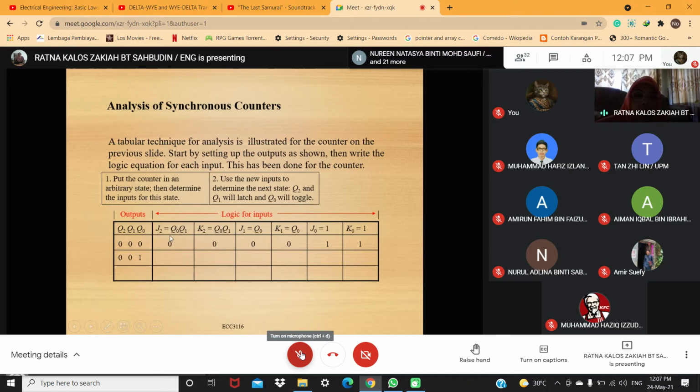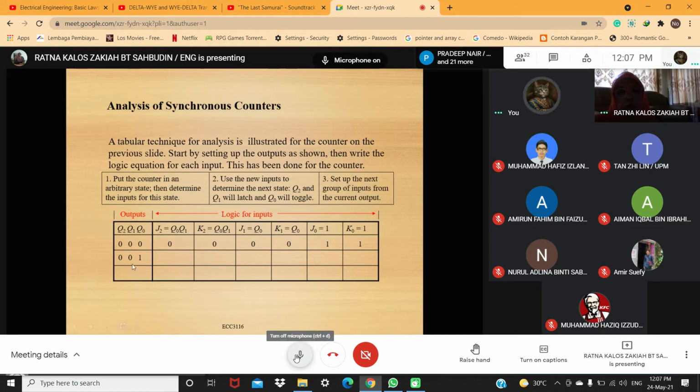So J2 becomes what? 0, right? 0, 0, and then J1 is equal to Q0, which is 1. So it becomes 1, and then 1, 1 and 1.